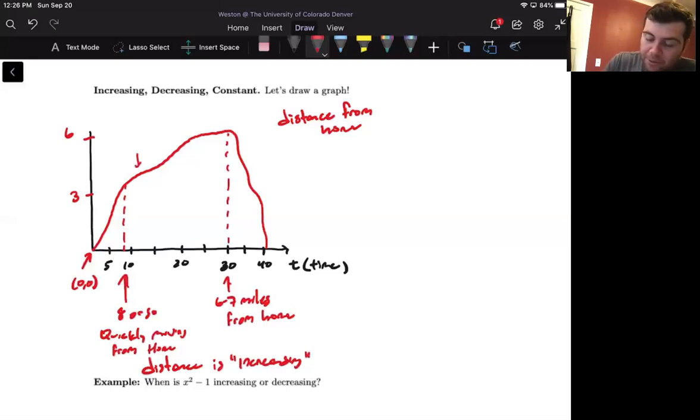In this period of time, you slow down, so it seems like you're going a lot slower because the graph isn't increasing as fast. Like you've only moved maybe from 3.5 to 4.5 in about 10 minutes, whereas in the first 8 minutes, you went 3 miles.